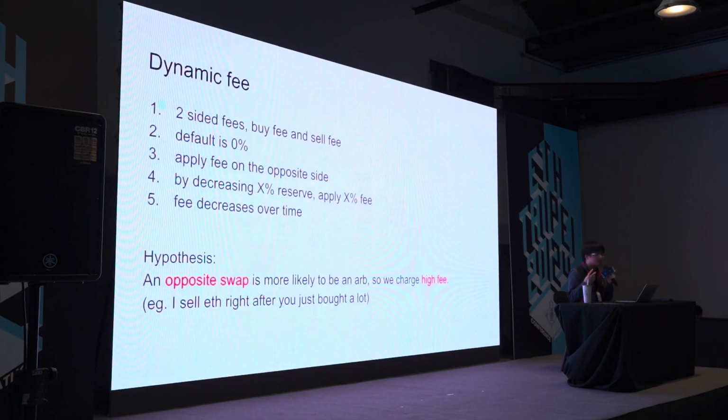So we can make the fee directional, and we can charge those back runners and try to capture some arbitrage profit or MEV value inside the protocol, rather than getting exposed to the outside world. So we believe that when there's a swap and an opposite swap occurs in a very short time, it is more likely to be an arbitrage. So we want to charge them a higher fee so that the protocol can effectively do revenue sharing with those arbitrageurs.